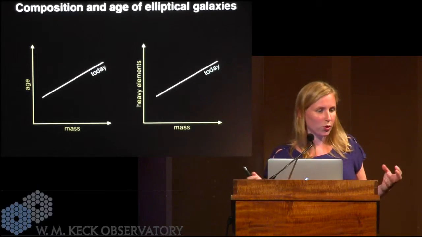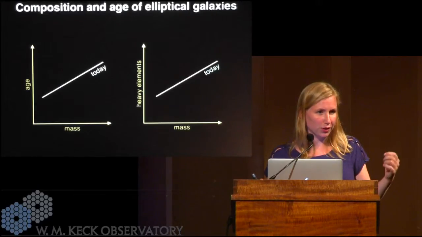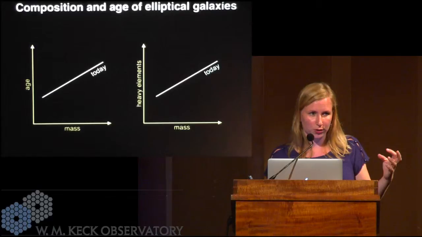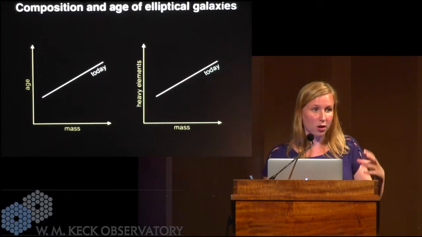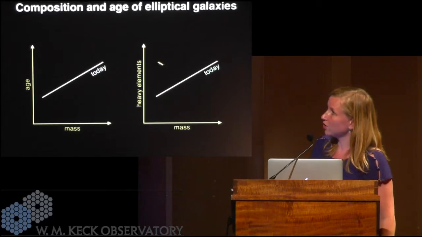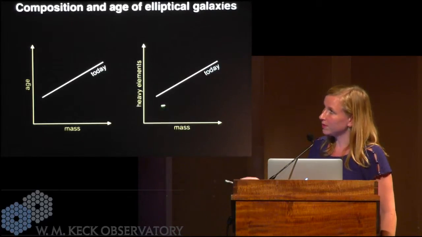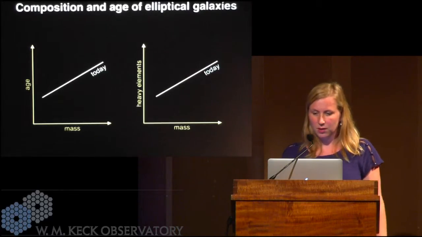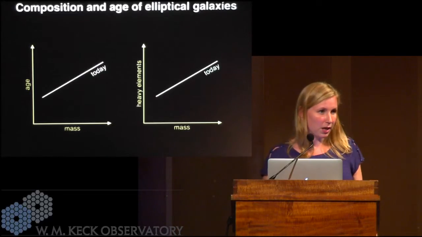So what do astronomers mean with heavier elements? Well, we mean anything that's heavier than helium and hydrogen. These are all elements that have been made in stars. And you see that the more massive galaxies actually have a higher amount of heavy elements than the lower mass galaxies. So this is today, these white lines, and I want to give you an idea of how this may look in the early times for different scenarios.